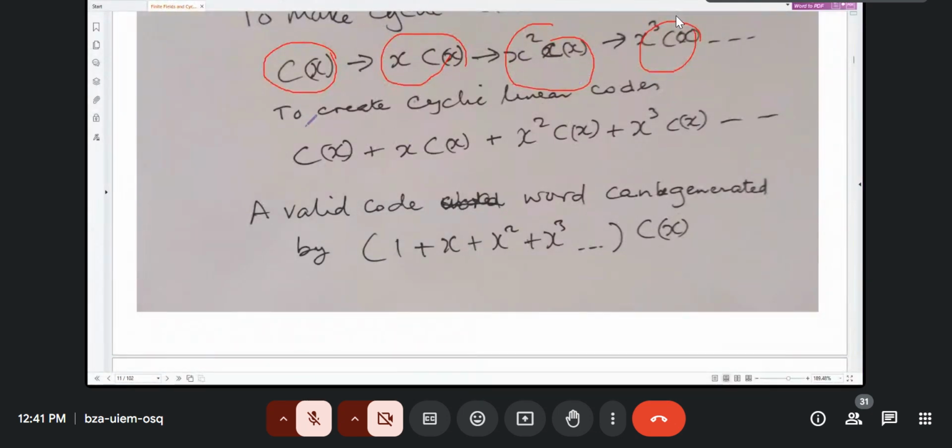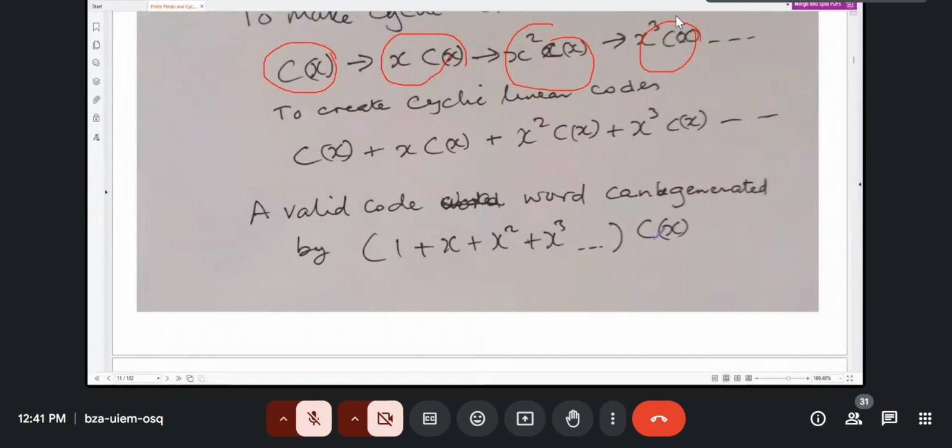But now you can create cyclic and linear codes by adding those code words. You see, like you add c(x) plus x c(x), you don't have to add all of them. You can just add this and this, and you get a code word. You can add this and this, you get a code word. So a valid code word can be generated like this.